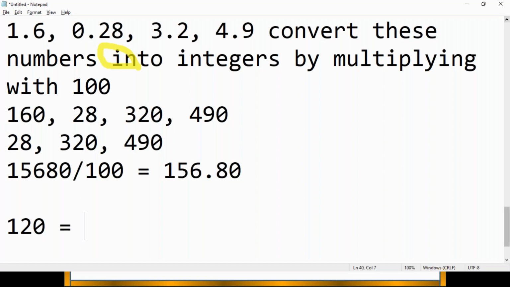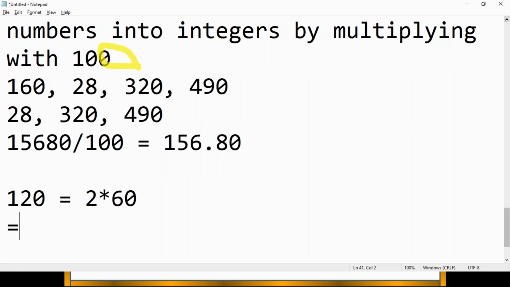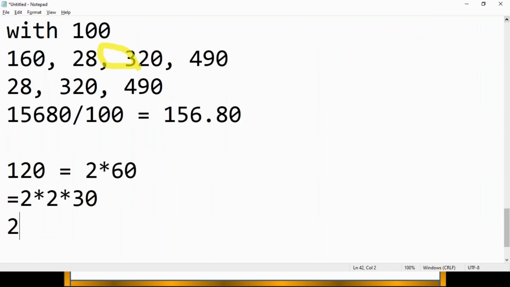120 is 2 into 60. This 60 means 2 into 30. 2 into 2 into 30 means 2 into 15.